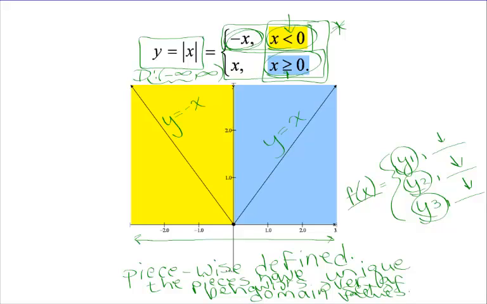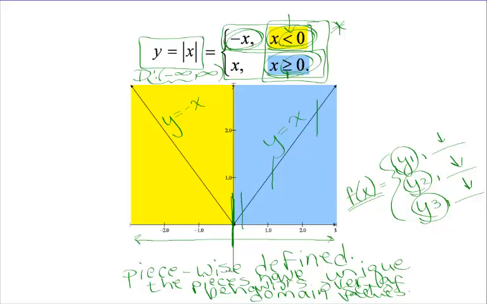We still have to have a function, meaning we still have to be able to pass the vertical line test wherever we draw a vertical line. So we cannot include the same domain values. We couldn't include 0 in both of those pieces, because then we would have two output values for the single input value of 0, and we would fail the vertical line test.